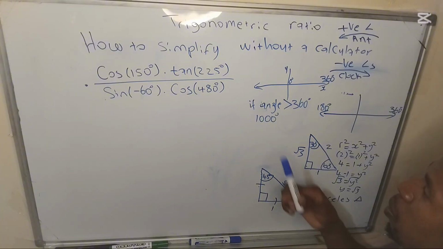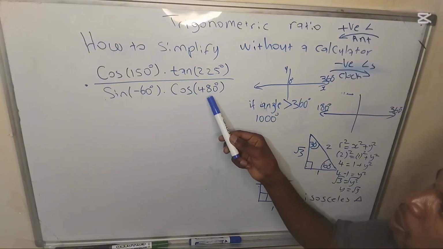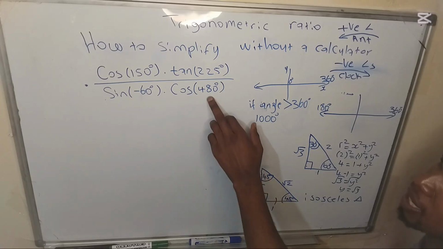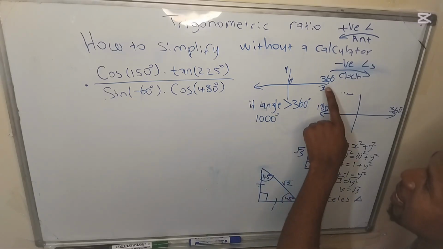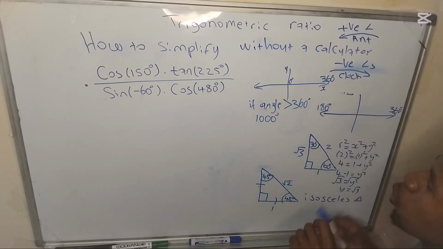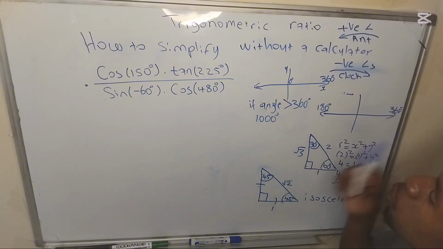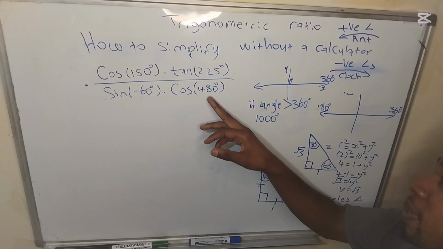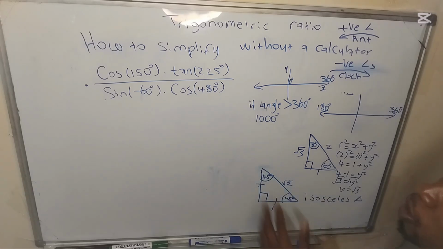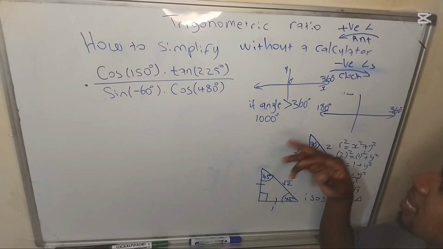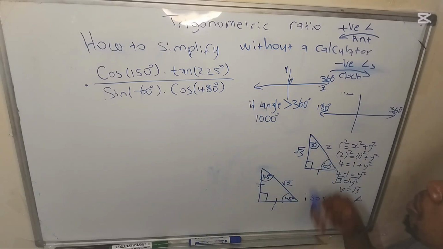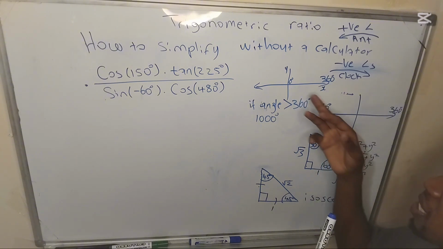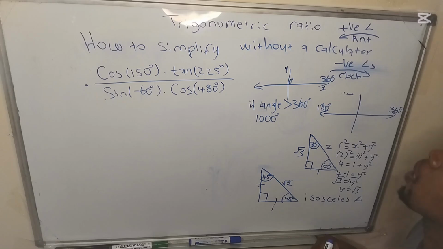Like for instance, let me make an example with this 480 degrees. This 480 degrees is greater than 360 degrees, meaning that it is not found between 0 degrees and 360 degrees. Therefore, you have to subtract 360 degrees. You have to say 480 degrees minus 360 degrees until your angle becomes between 0 degrees and 360 degrees. Then now you can start finding your reference angle.